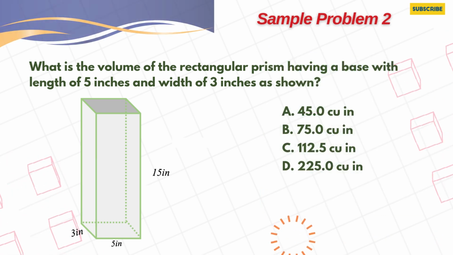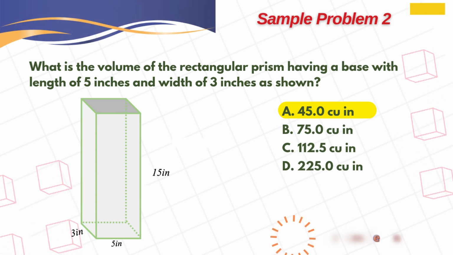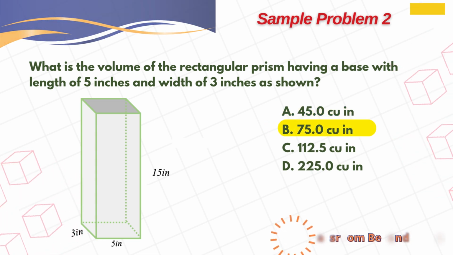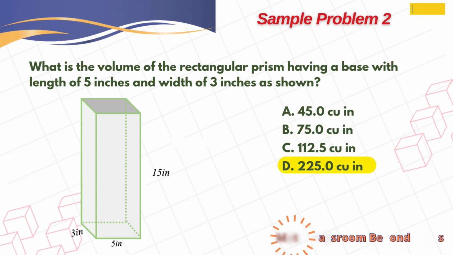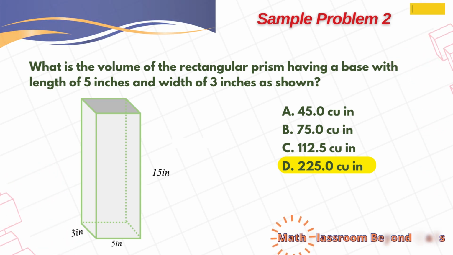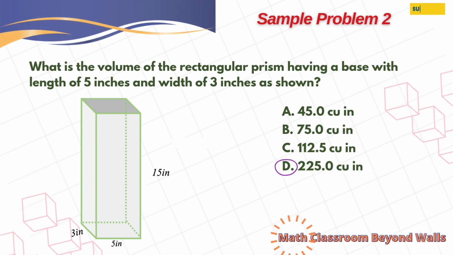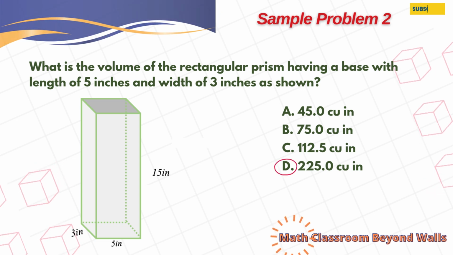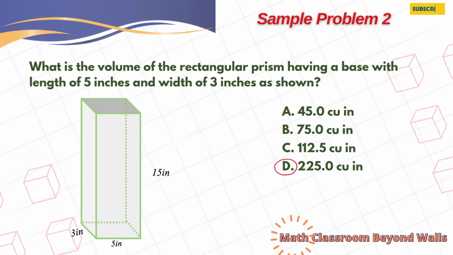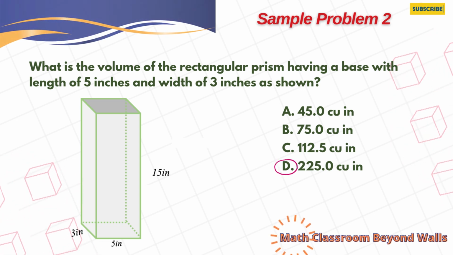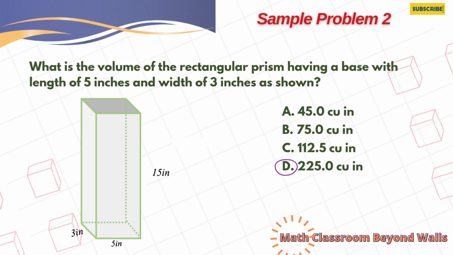So, what is our answer here, learners? Is it option A, option B, option C, or option D? Okay, so the answer is option D. Thus, the volume of the rectangular prism is 225.0 cubic inches. That was easy, right?